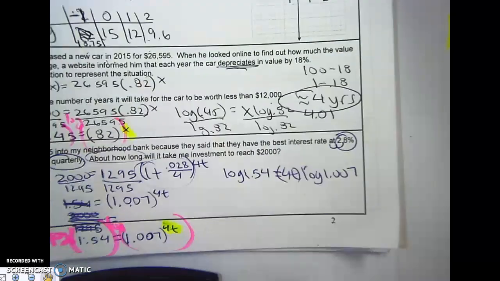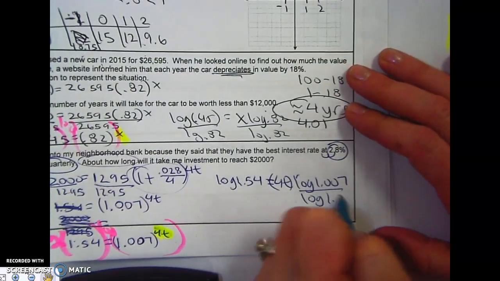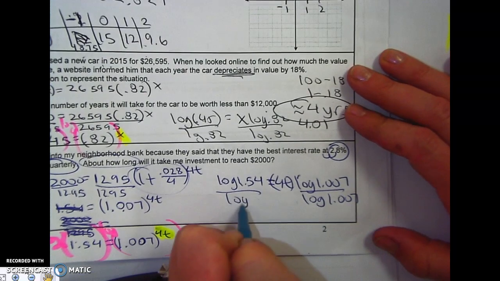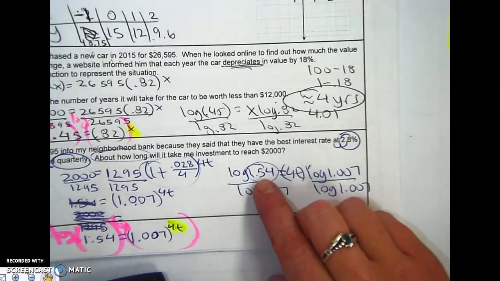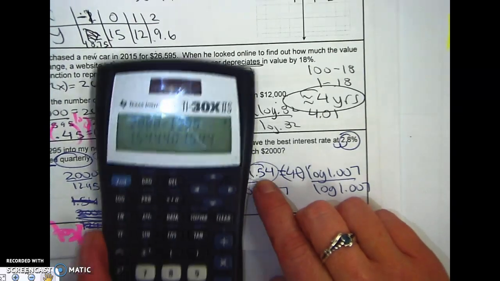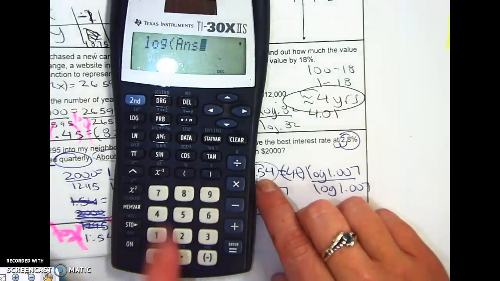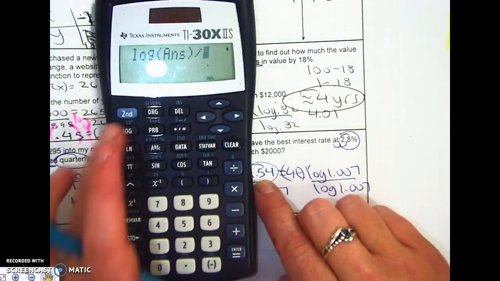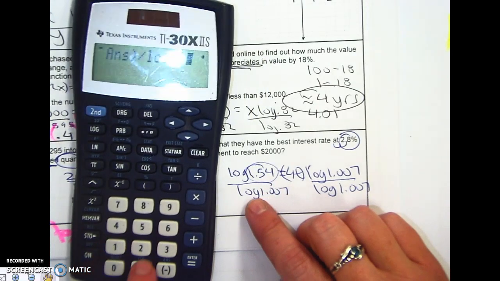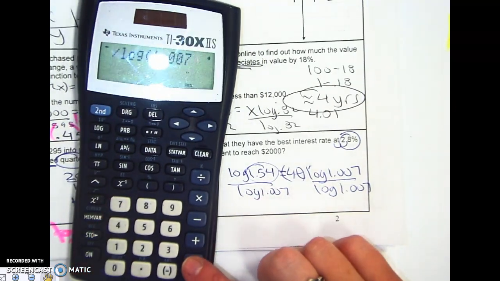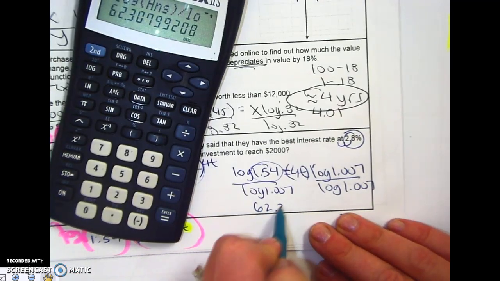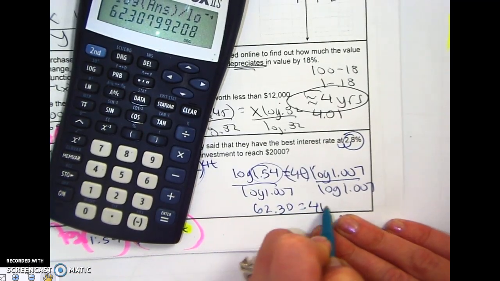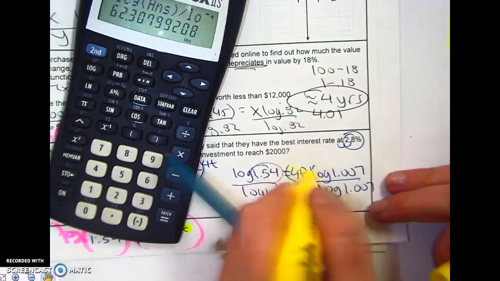So now I'm going to divide by log 1.007. Now remember, this is the one in my calculator. So I'm going to go log of that answer, and I'm going to divide it by my perfect decimal of 1.007. And I get about 6230 that I'm writing as a placeholder. Let me show that that was the little that turned big.